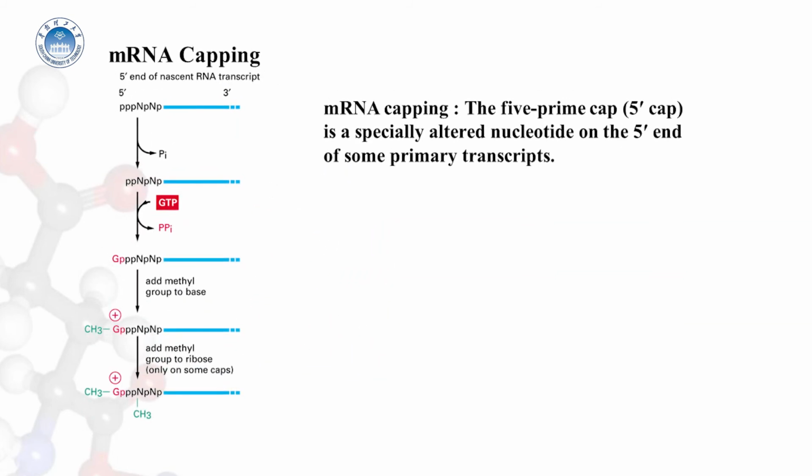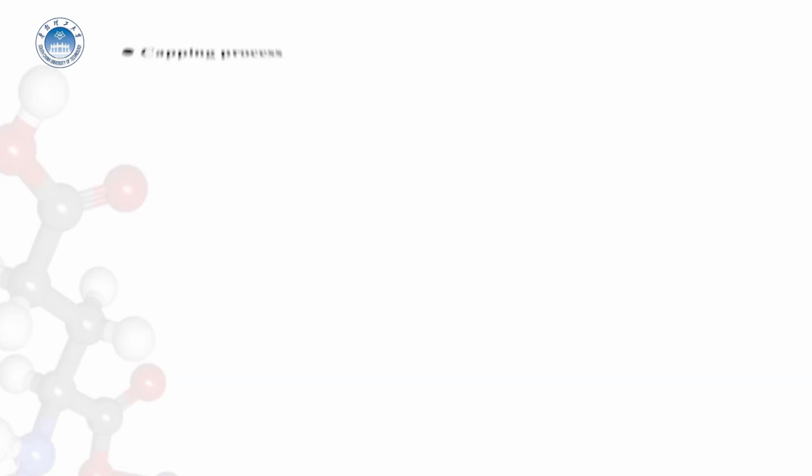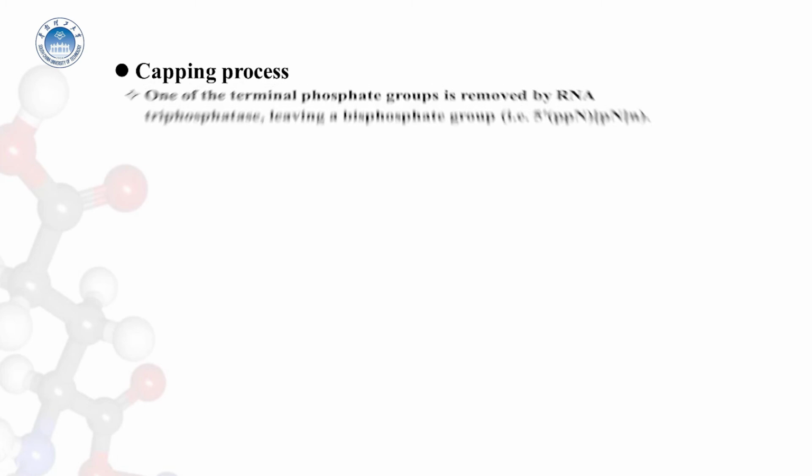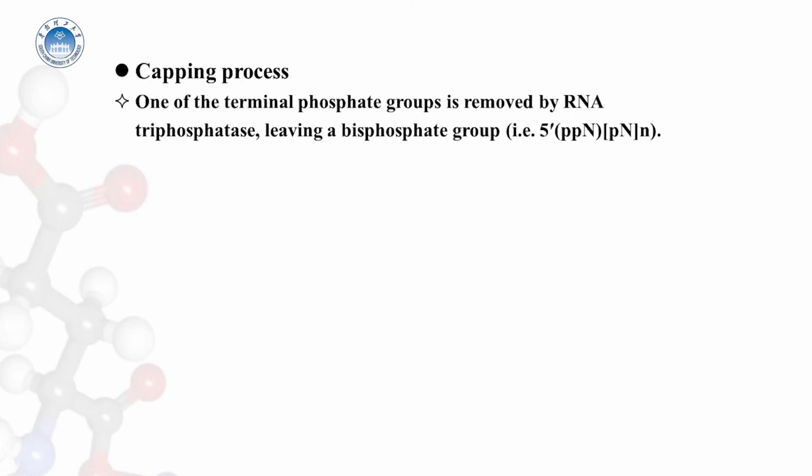The 5' cap is a specially altered nucleotide on the 5' end of some primary transcripts, such as precursor messenger RNAs. This process is known as mRNA capping. In the capping process, one of the terminal phosphate groups is removed by RNA triphosphatase, leaving a bisphosphate group.